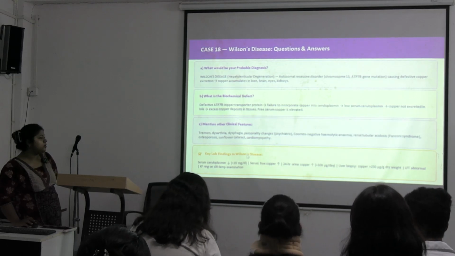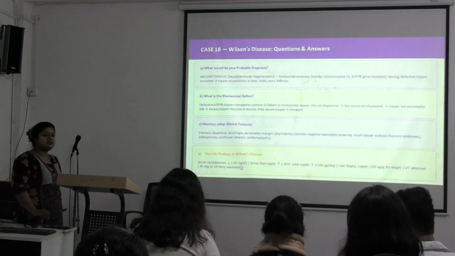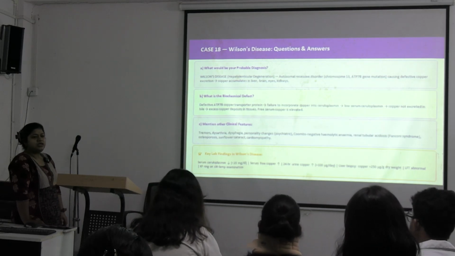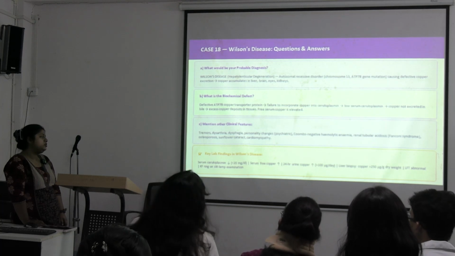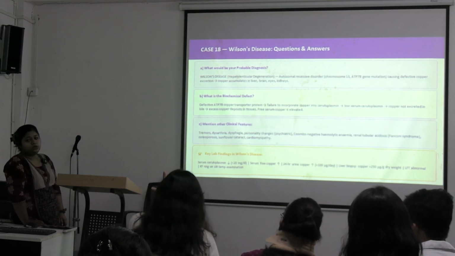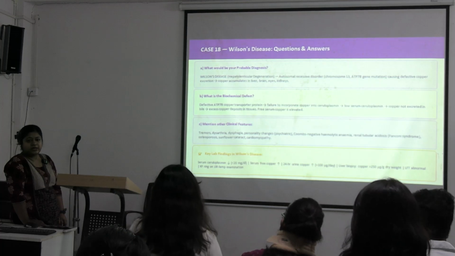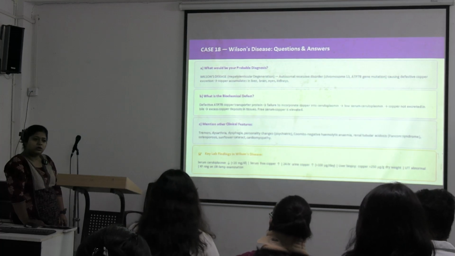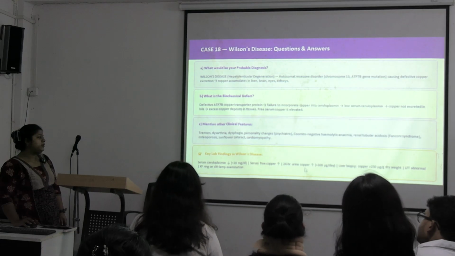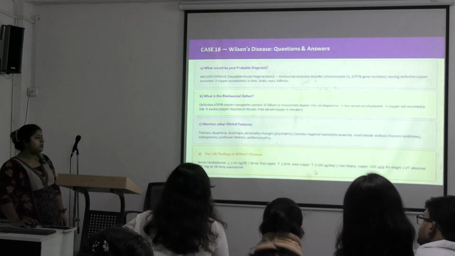Lab findings: ceruloplasmin level will be very low, less than 20 microgram per dL. Normal is around 18 to 35, and in Wilson's disease ceruloplasmin level will be low. So in Wilson's disease, copper is high but ceruloplasmin is low. Serum free copper will rise, 24-hour urinary copper will also rise.